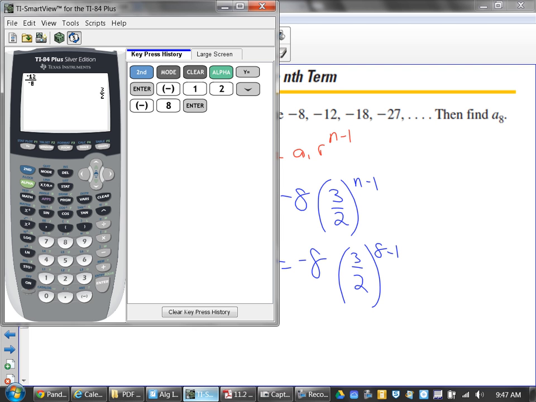If you type it exactly the way that it's written with the parentheses, it's going to be fine. -8, parentheses, alpha y equals 3 over 2. Close the parentheses. Remember how to go to the exponent? Caret. Caret's right above the division symbol. Could you figure out what 8 minus 1 is in your head? 7.